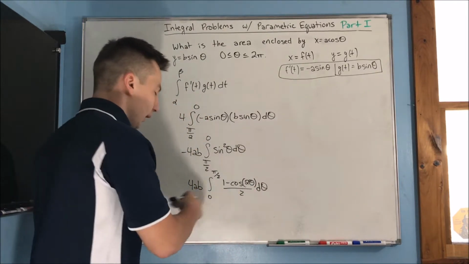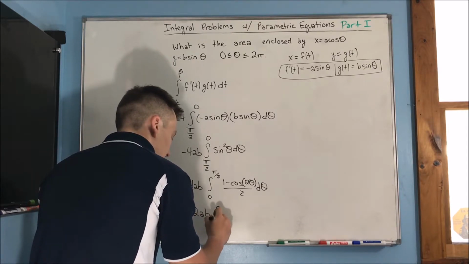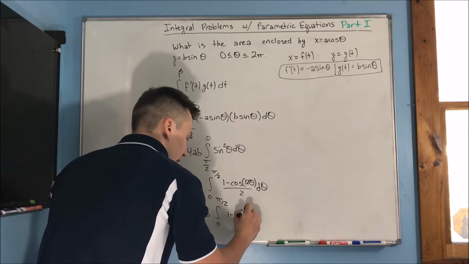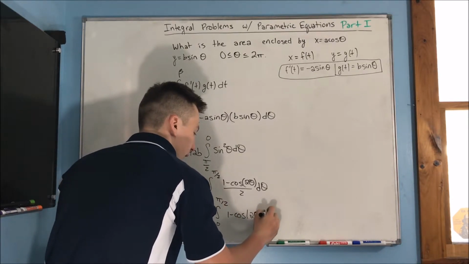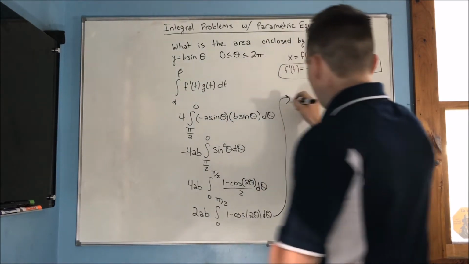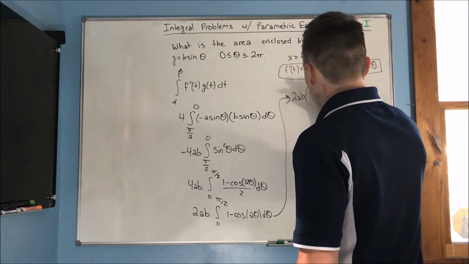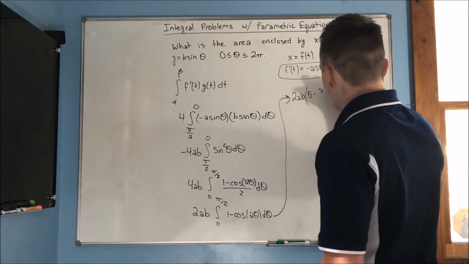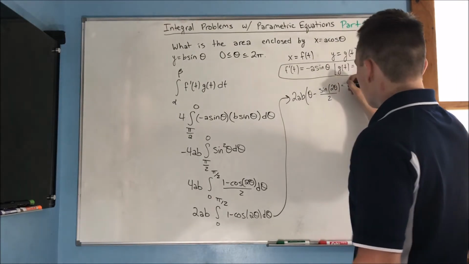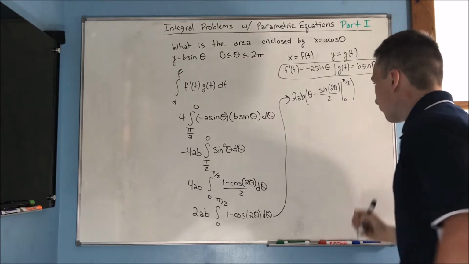And if you want, we can bring this over 2 out, so we get 2ab, the integral from 0 to pi over 2 of 1 minus cosine of 2 theta d theta. Integrating that, we're going to get 2ab times theta minus sine of 2 theta over 2, evaluated from 0 to pi over 2.